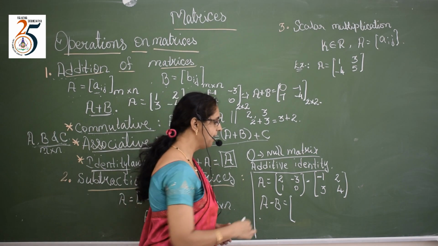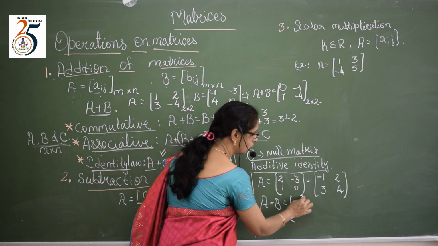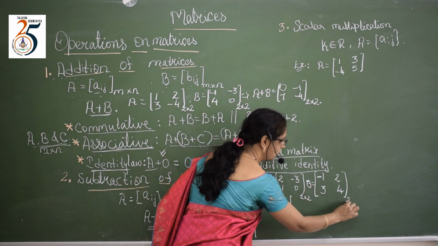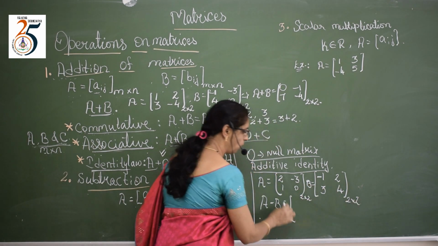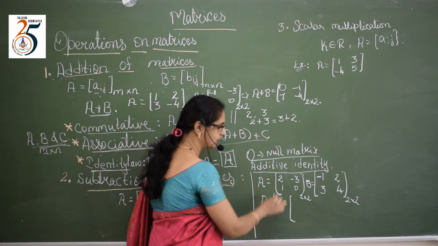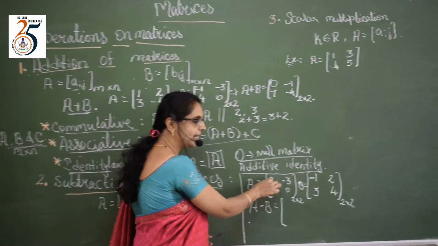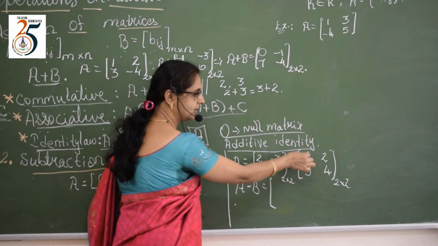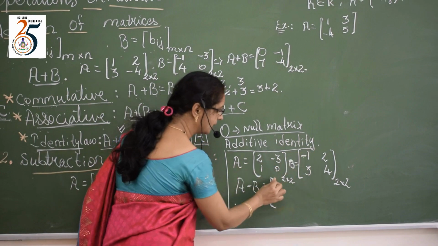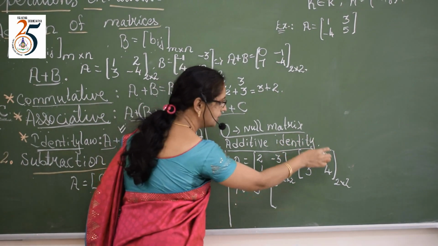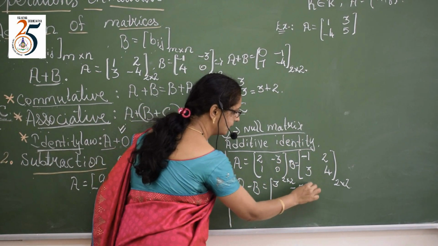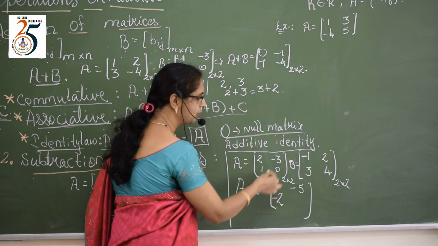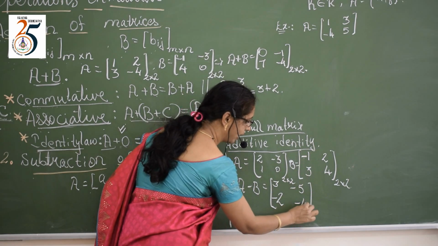Here A is 2 cross 2 and even B is also 2 cross 2. So what does A minus B give us? 2 and its corresponding element is minus 1. Minus 1, minus into minus becomes plus 1. 2 plus 1 is 3. Minus 3 minus 2 is minus 5, right? 1 minus 3 is minus 2. 0 minus 4 is minus 4.